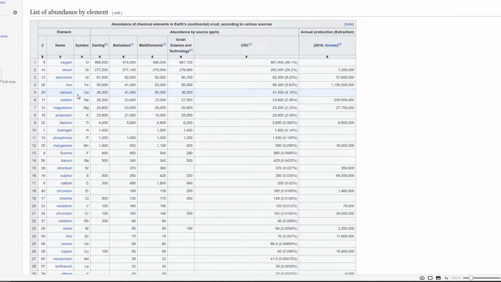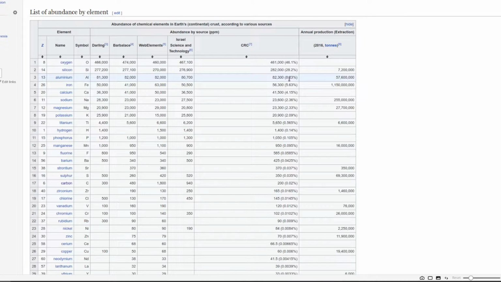Calcium, again, you've got a lot of calcite, limestone deposits. Sodium, again, you've got sodium based deposits of sodium carbonate, sodium whatever, this and that. So this is kind of what you'd expect, but I really have to research the oxygen. I don't know much about that, but definitely the silicon, as we can see, it's 28%.